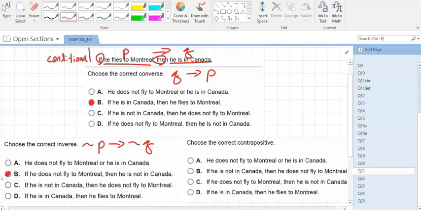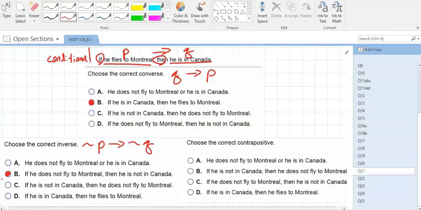Because again, our P statement is he flies to Montreal. The negation of that is he does not fly to Montreal. Our Q statement is he's in Canada. The negation of that is he is not in Canada. And B is the only one that has that in the correct order. If he does not fly to Montreal, then he is not in Canada.